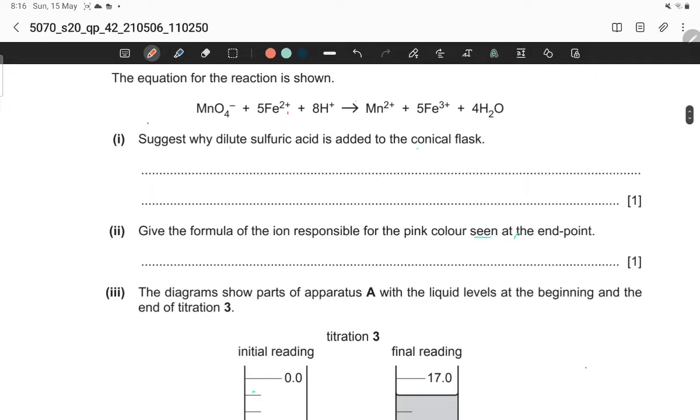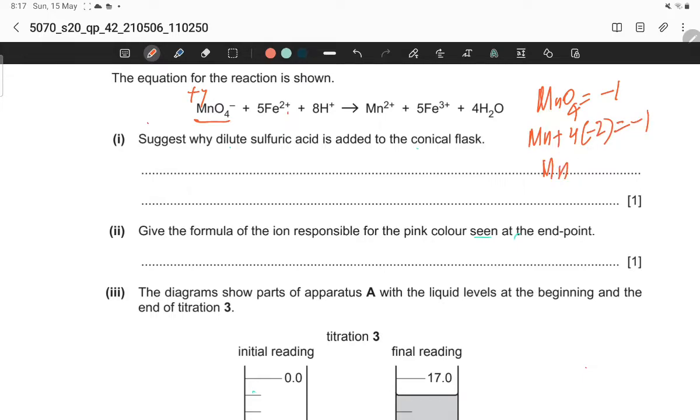Now the equation for the reaction is shown. MnO4 minus plus iron 2 plus 8H plus to form manganese 2 plus and iron 3. This is the redox titration. You know that manganese in manganate is getting plus 7. You know how to calculate the oxidation state. MnO4 is minus 1: Mn plus 4 atoms of oxygen, each carrying minus 2 charge, is equal to minus 1.